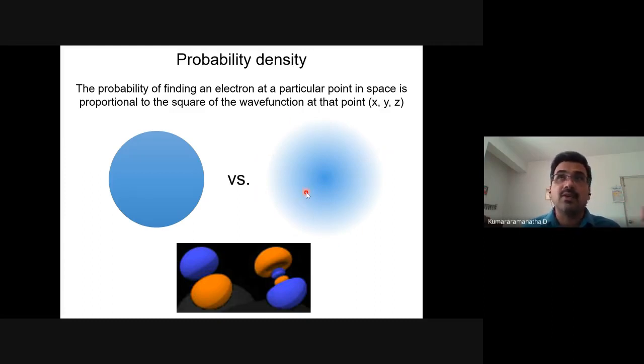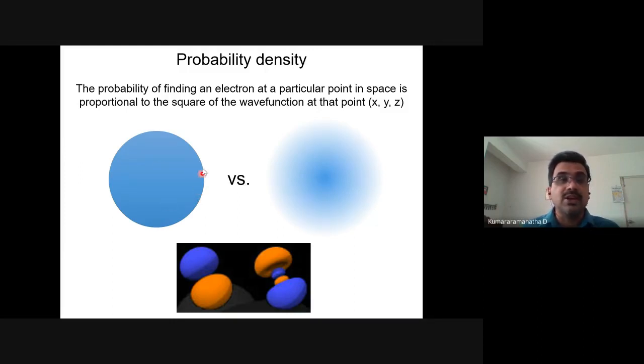Not at an exact point, but it is placed in this particular region, which is why it is called probability density. It means you are finding an electron at a particular point in space. You are already aware that from the Max Born approximation, it is the square of the wave function. Instead of psi, we use psi square, which gives you the probability.